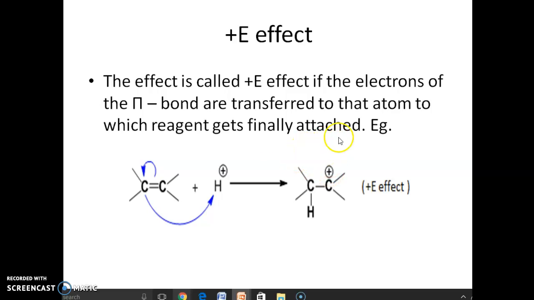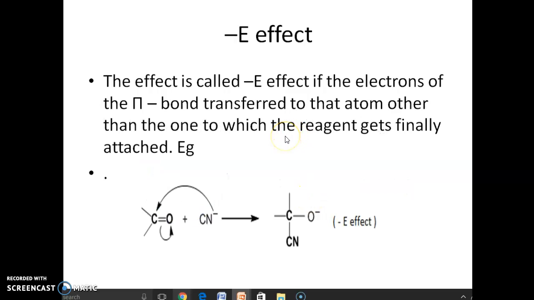So we call this the plus E effect. The reagent H gets permanently attached to this carbon, to which the pi electrons are transferred.